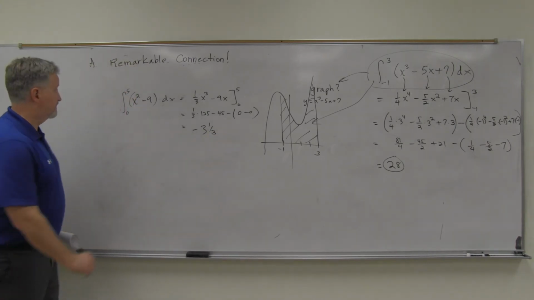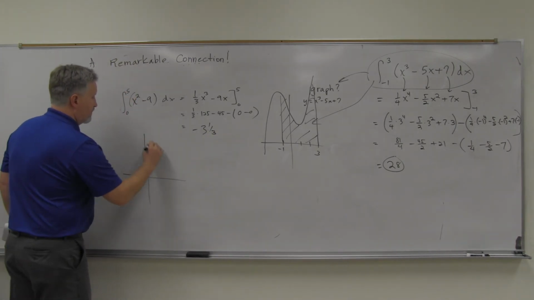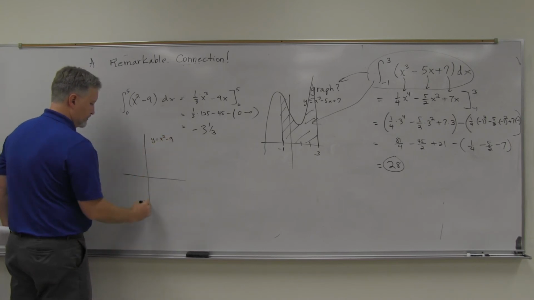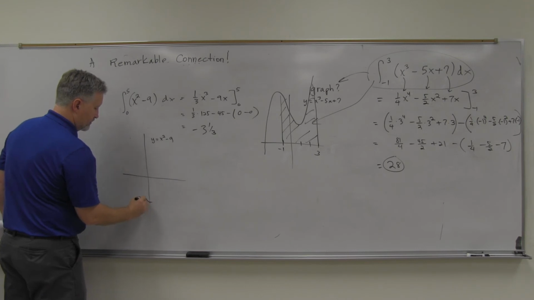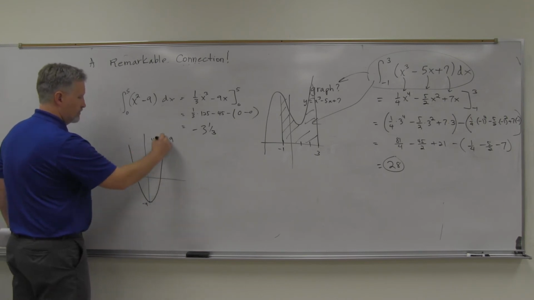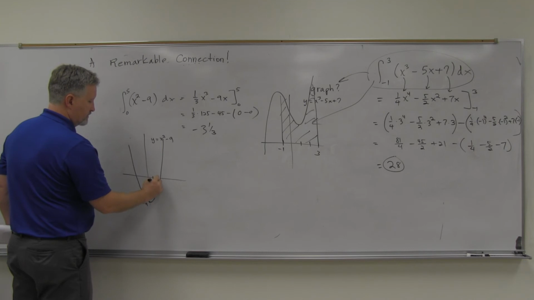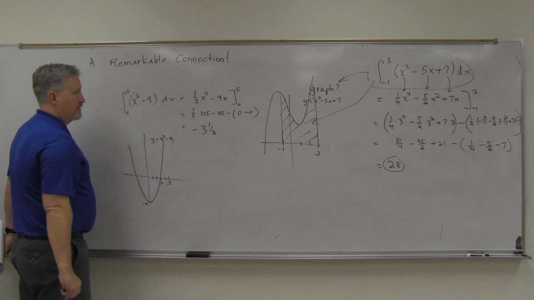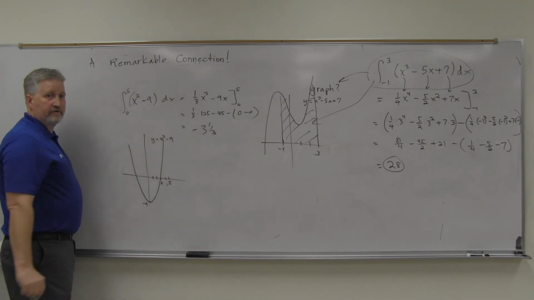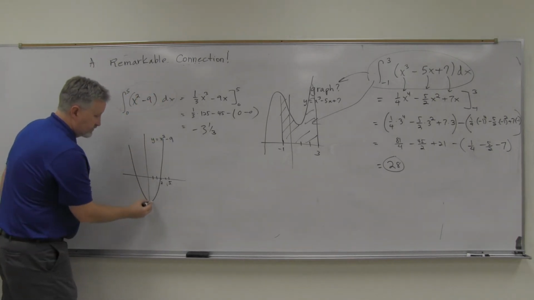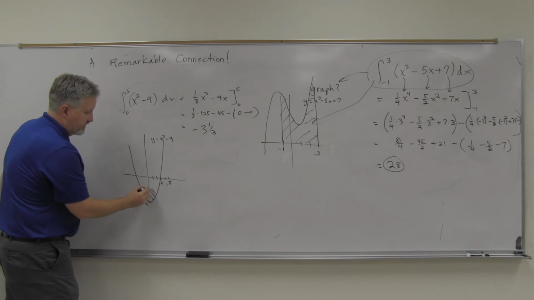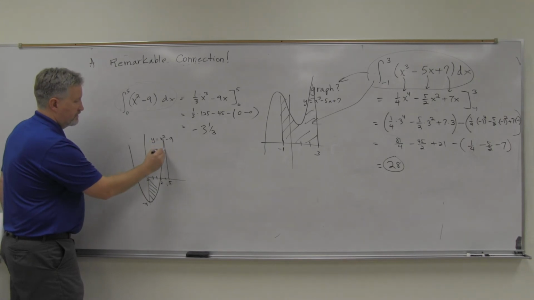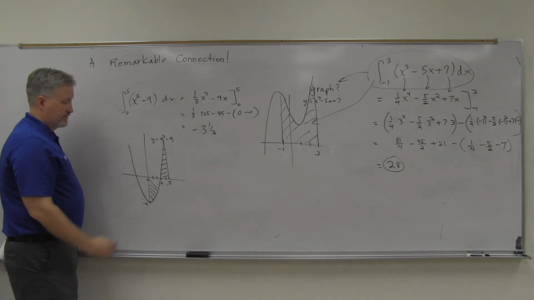Well, why is that negative? Well, look at the graph here. Y equals x squared minus 9 is this. One, two, three, 4, 5. So what area are we talking about here? Well, it's between the curve and the x-axis. So we're talking this area from 0 to 5. It's this area and this area.